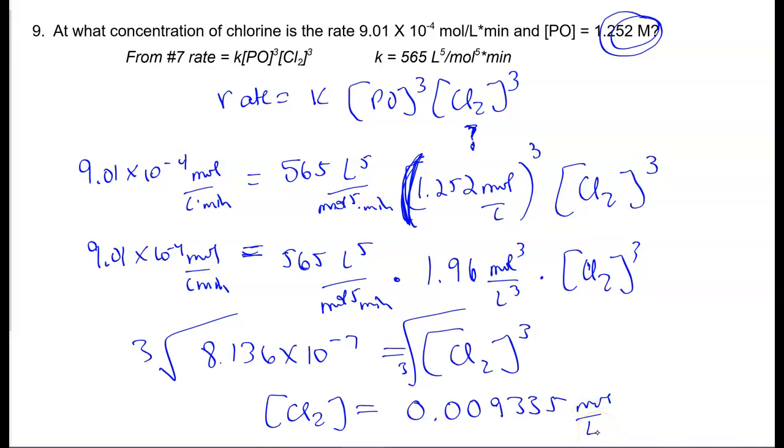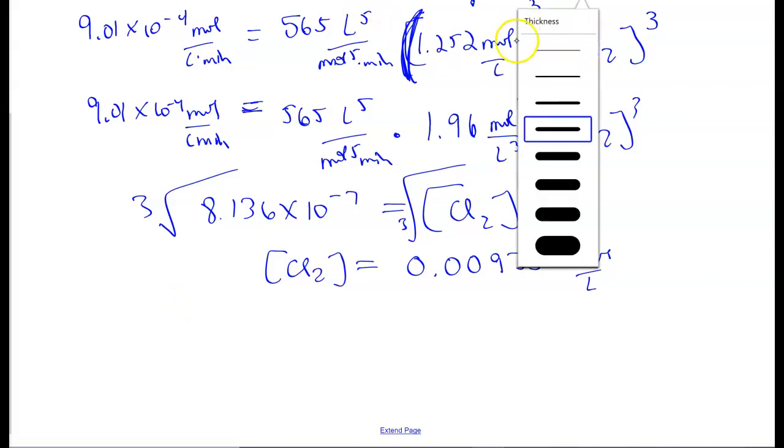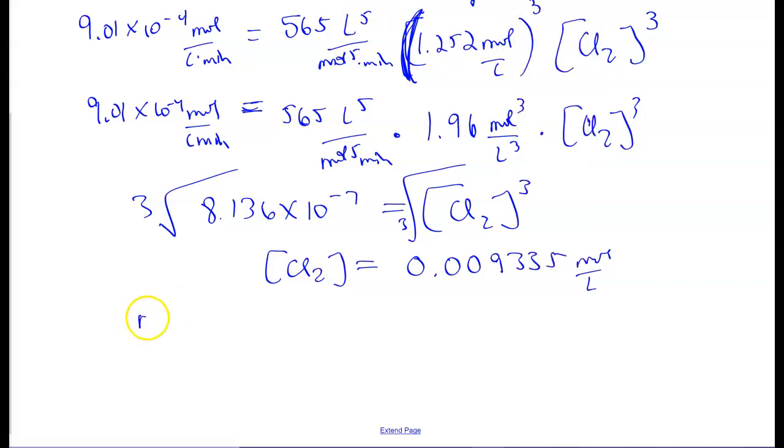But like I've been doing on lots of these examples, I'm going to next go through just the units with you. Okay, so let's look at units and just units for a little bit here. On the left, apparently I need to get my pen working again. We have moles over liter minutes.